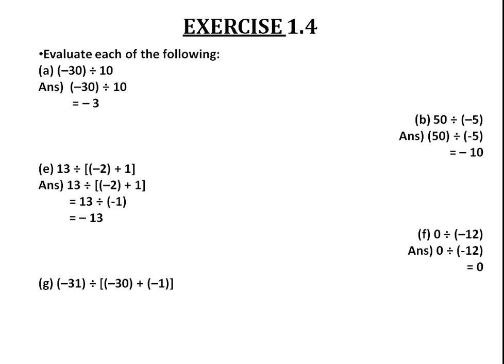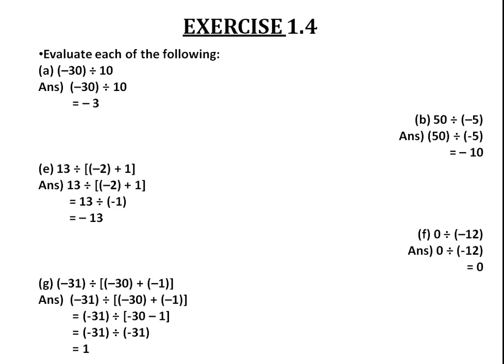Negative 30 plus negative 1. The answer is negative 31. So, negative 31 divided by negative 31. Negative divided by negative, positive. 31 divided by 31, 1. So, positive 1 is the answer.